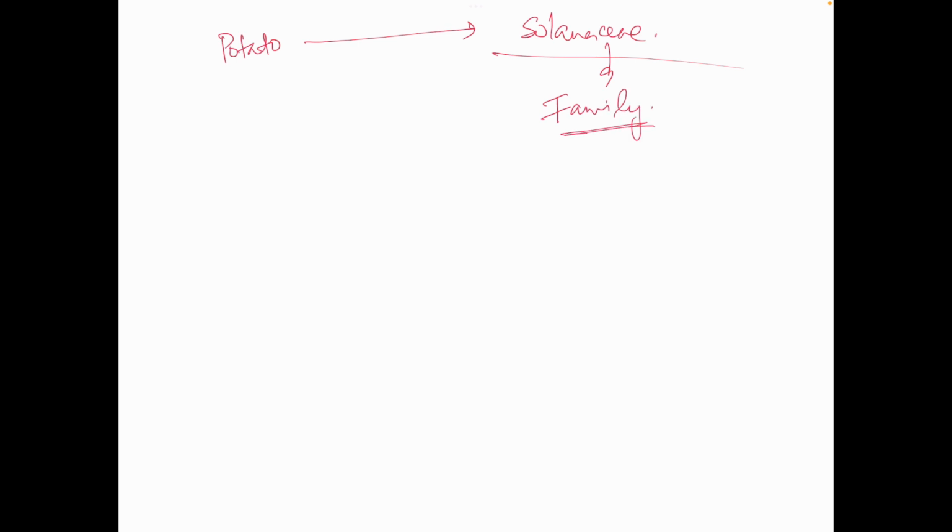In case of plants, we use the rank called division. It is not phylum. Phylum is used for animals, okay.